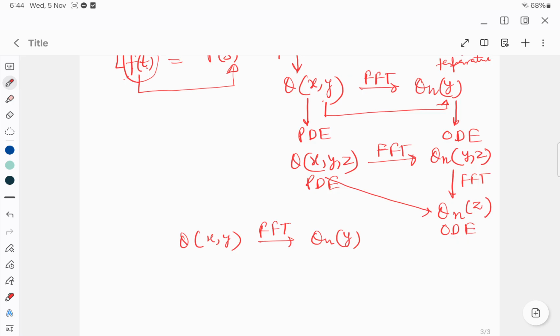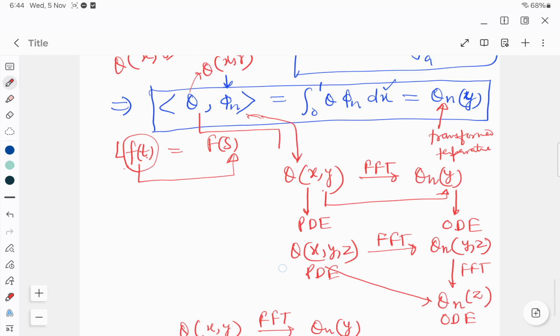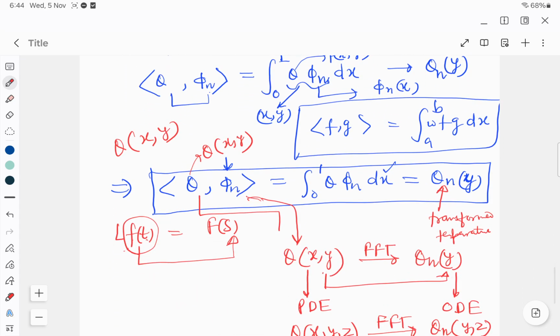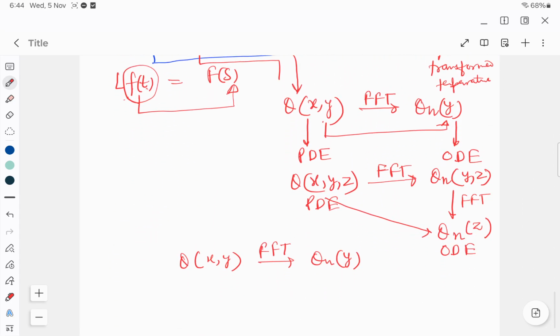So what is that? Transform temperature. The FFT is where you are taking an integral with respect to the bounded variable, here x. So this is the integral you are taking. What type of transform is this FFT? It is an integral transform.